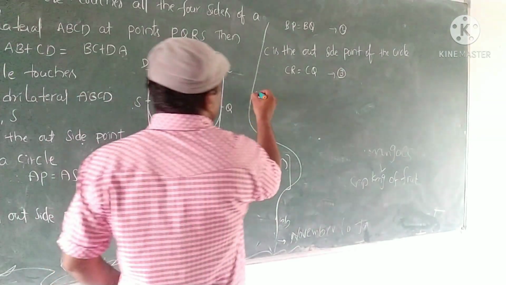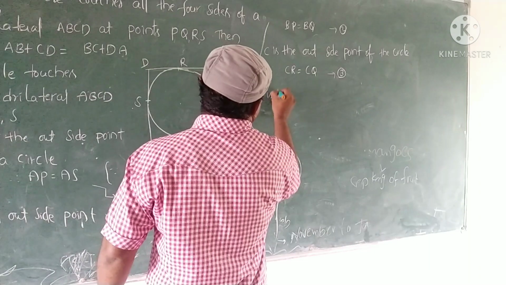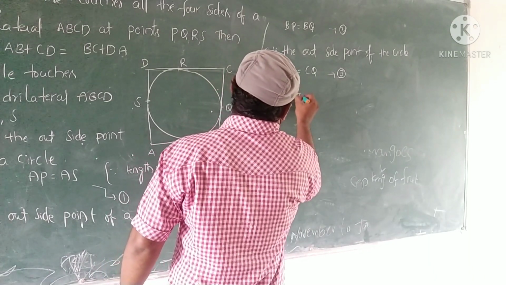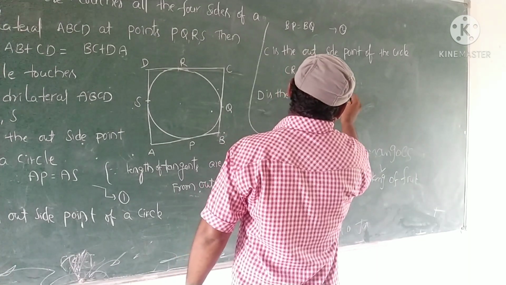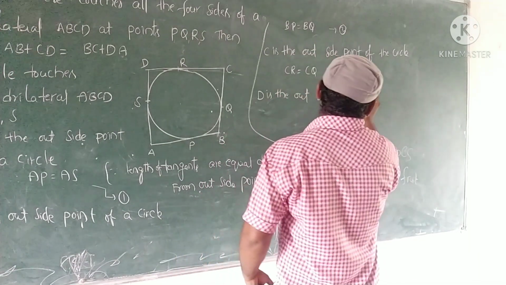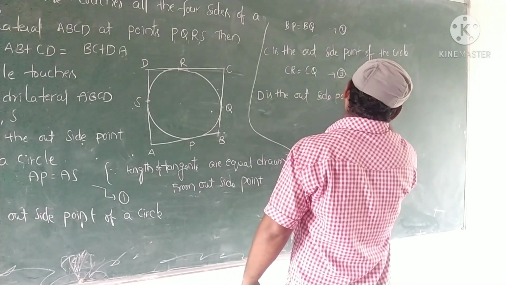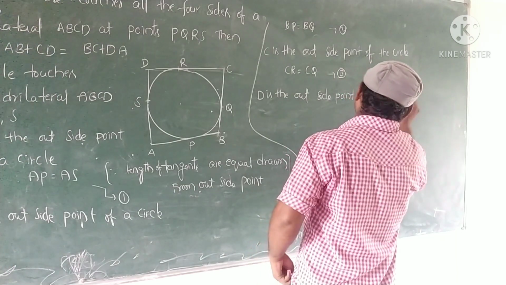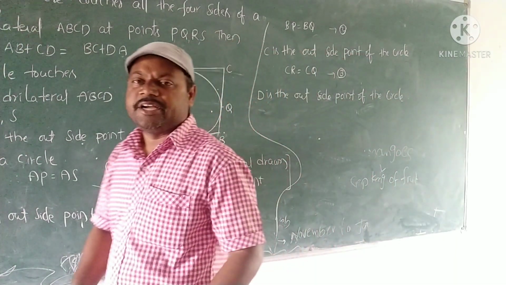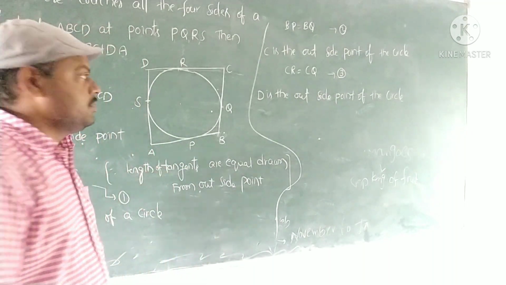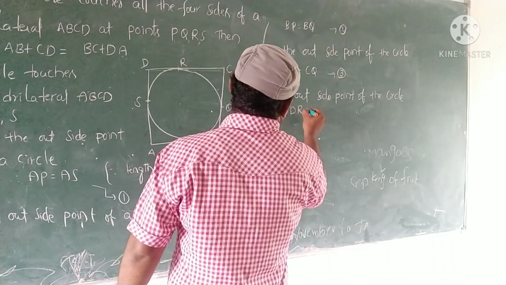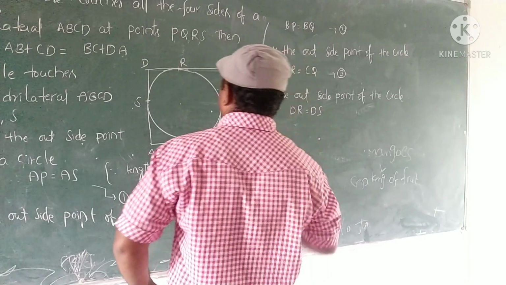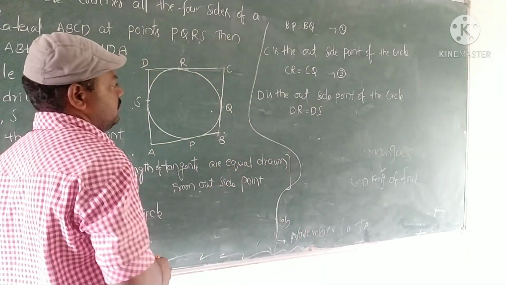In the same way, D is the outside point of the circle. So, therefore, DR equals DS.